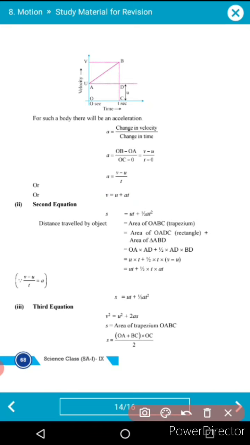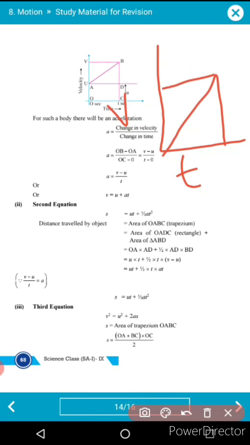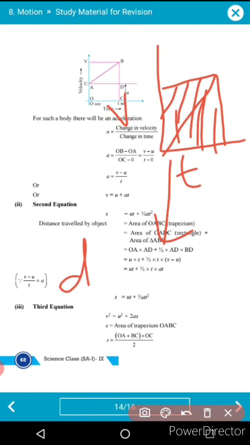So this is the first equation of motion. Now directly dealing with the second equation of motion, how to define it. As I already told you, the area under the velocity versus time graph will give you the total distance traveled.